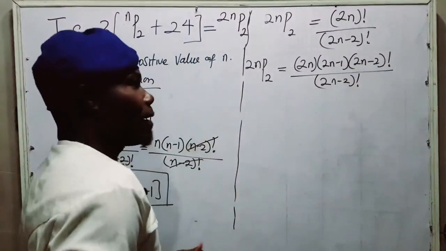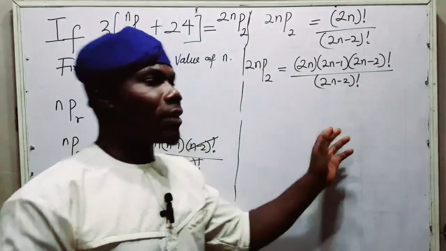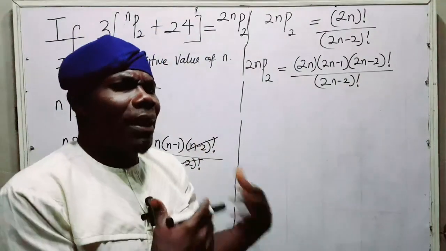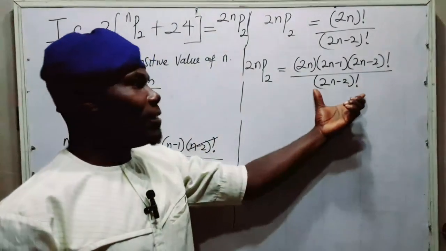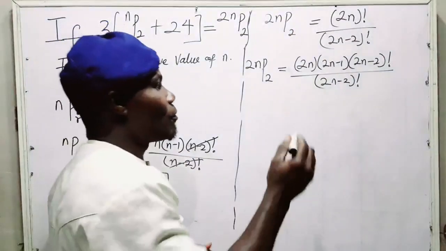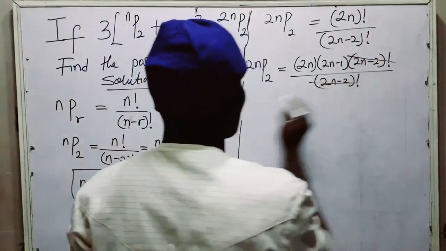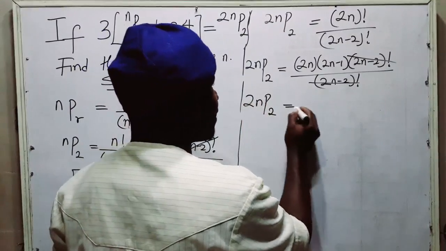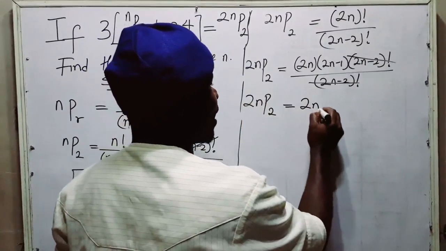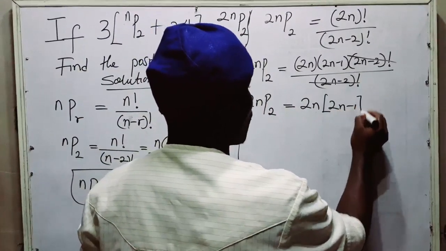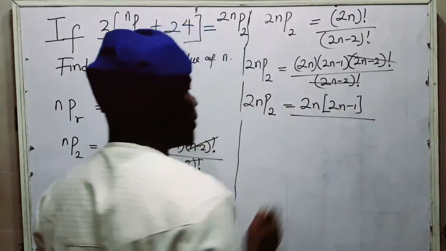The reason why I'm stopping at 2n minus 2 is just to make it available for me to divide this. So to remain with an equation, the factorial will be eliminated. So this will cancel this, meaning that 2n permutation 2 will give us 2n, bracket open, 2n minus 1. So this is another good meaning.